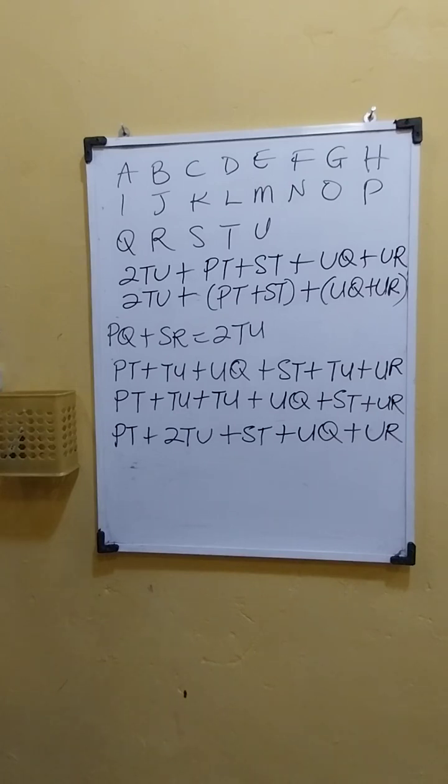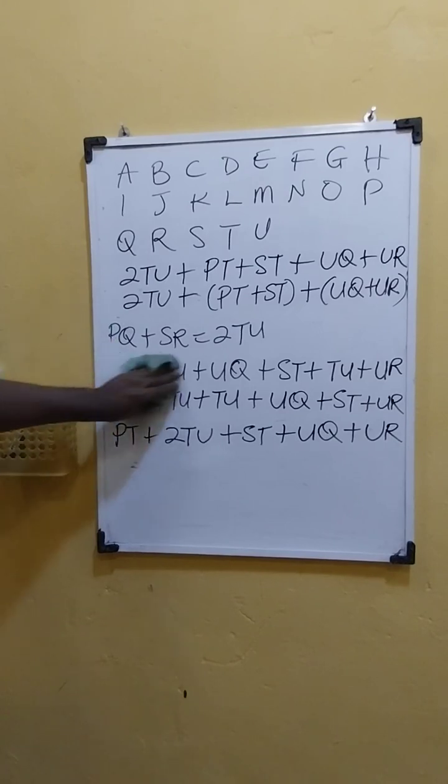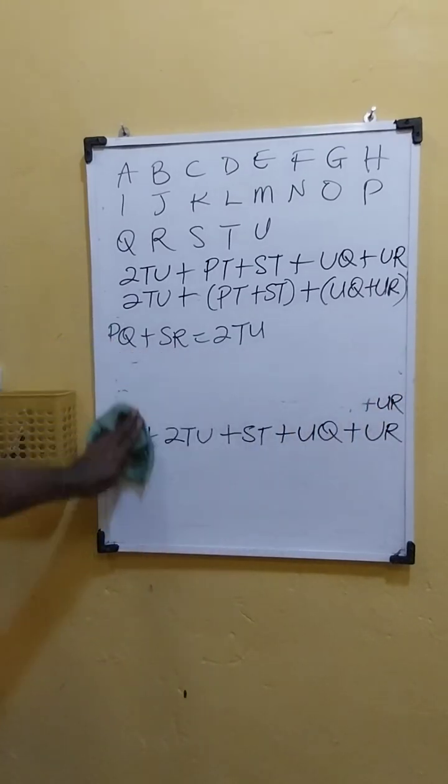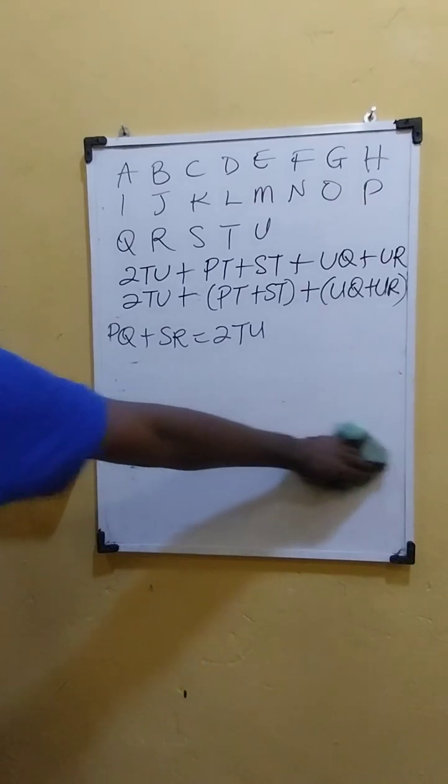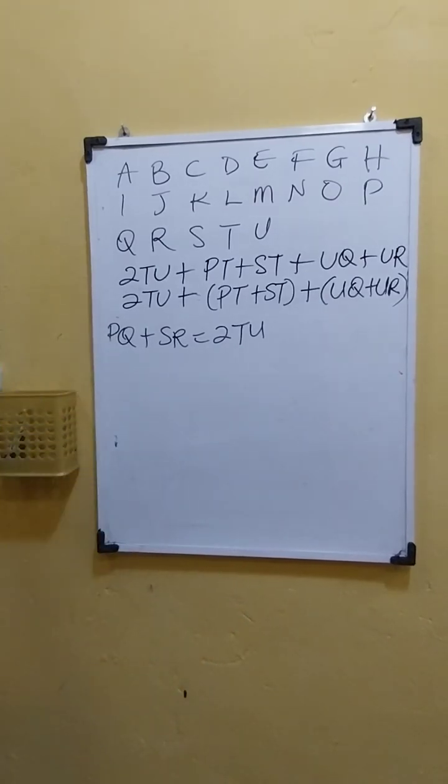So, but we have reached this point now. So let me take out this part. Now that we have reached this point, there's something else that we need to do. So at this point, we are going to go back to the diagram.